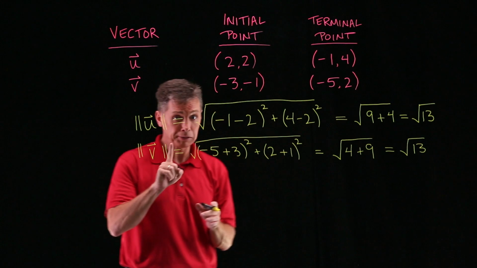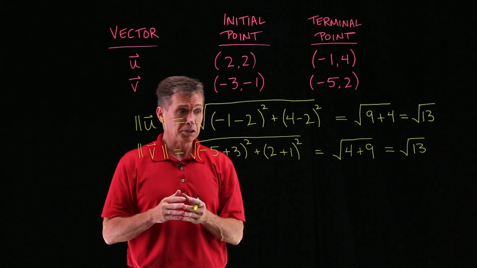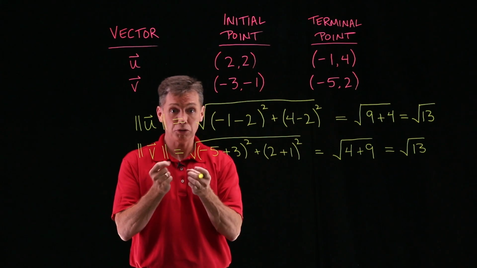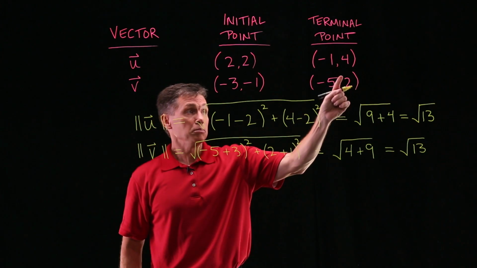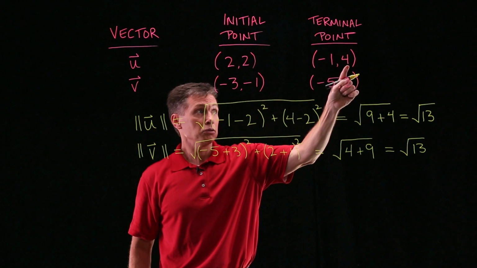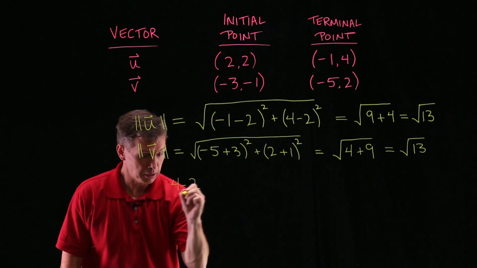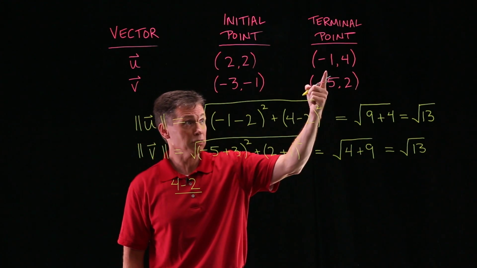That's only one criterion. We also have to check their directions. Now, if I'm going to check the directions here, this goes back to age-old algebra. You do slope, right? So rise over run. For my u vector, my rise, the difference of the y values, 4 minus 2, is my numerator, divided by my run, which is the difference of the x values.